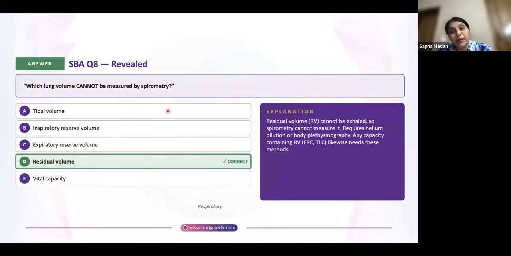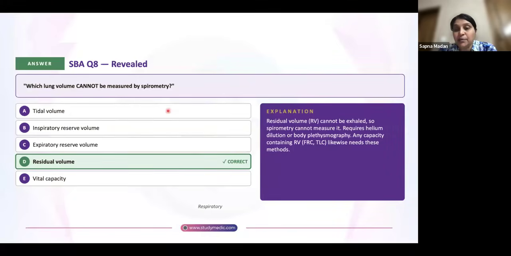So residual volume cannot be exhaled. So spirometry cannot measure it. That is the volume of air which is remaining in the lungs after maximal expiration. So if that is not going into the spirometer, how are we going to be able to measure it by spirometry? So residual volume cannot be measured by spirometry.